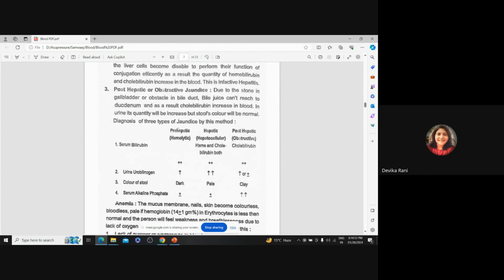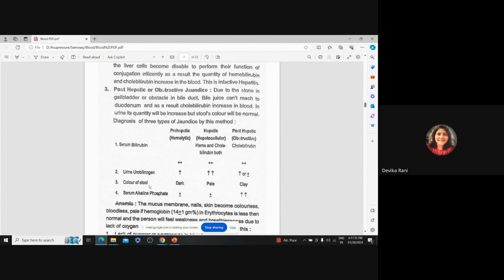Now, diagnosis of these three types of jaundice by this method. So if you see pre-hepatic, hepatic, and post-hepatic, the serum bilirubin is more in all the three cases. Urine bilinogen: in pre-hepatic it is more, in hepatic it is much more, and in post-hepatic it can be plus or minus.